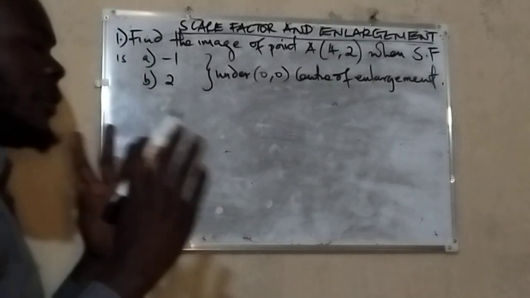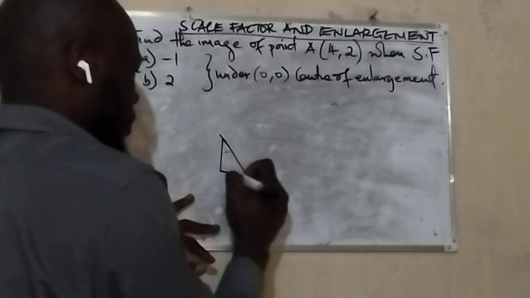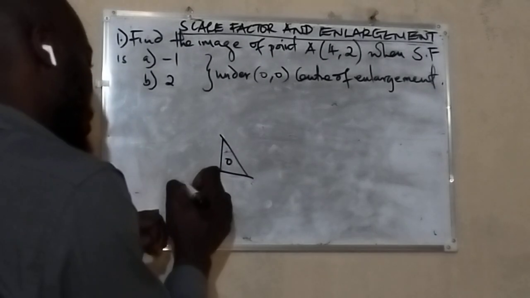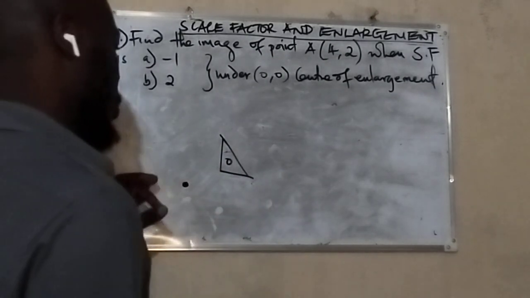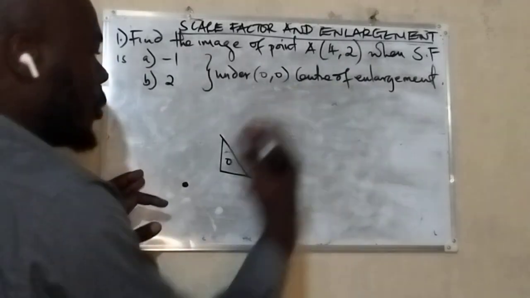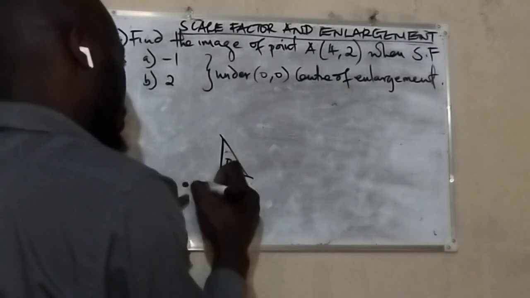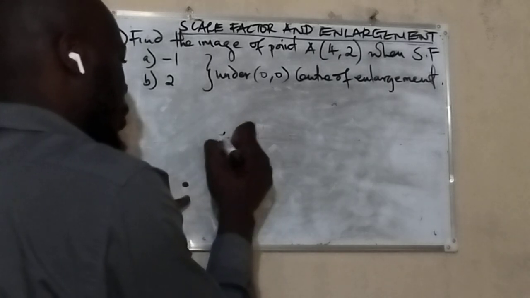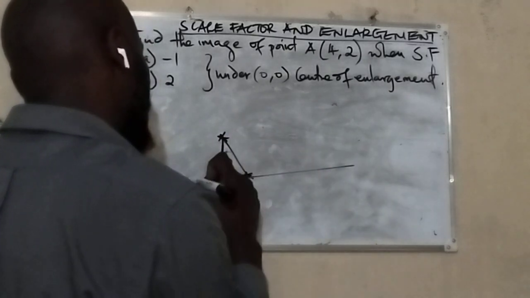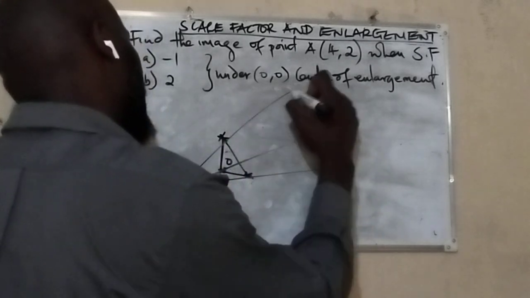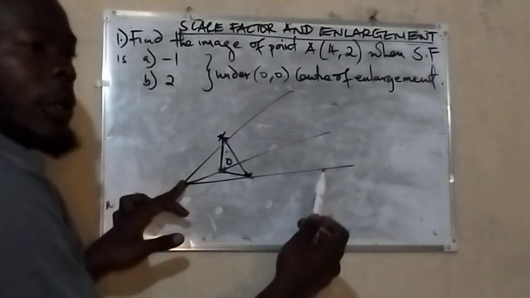When the scale factor is positive, let's say you have an object like this. Here is the object, and here is your center of enlargement. When the scale factor is positive, usually the image will lie on this other side. Let's say this one is a vertex of this triangle. You draw straight lines passing through the vertices and measure the distance from here to here. Then you multiply it.